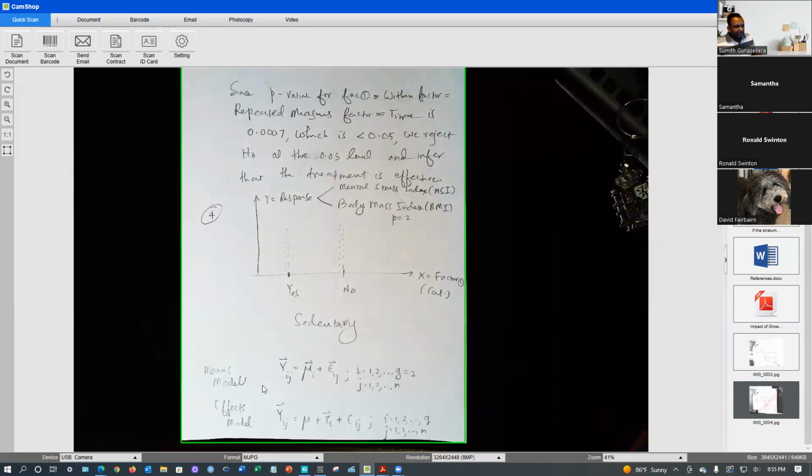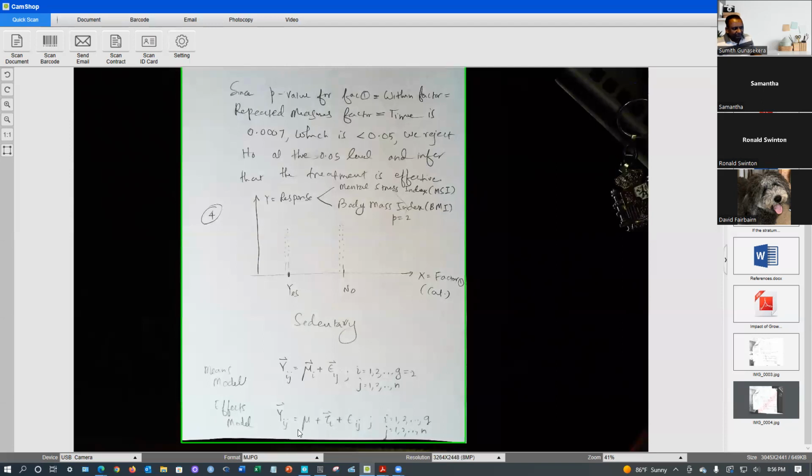If you write the mean model, it is in terms of the Yij vector, mu i, where i goes from 1 to 2, two groups, either the yes or no group. The j is the number of elements in each group. They may have different numbers or the same number, it doesn't matter. If different, we put Ni here; if the same, we put N for both groups.